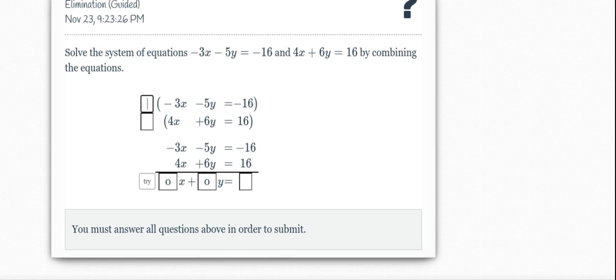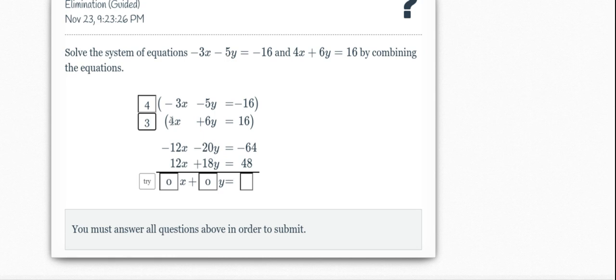The go-to here, guys, is that 3 times 4 is 12. So what you can do if you're ever stuck is you can just multiply one of the equations by the other coefficient. So in this case, -3, I can multiply that by 4, and then I would multiply 4 by 3. See what I mean?